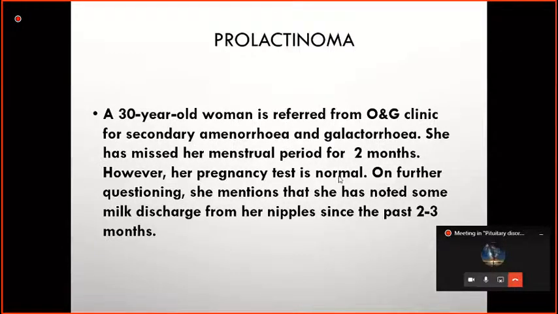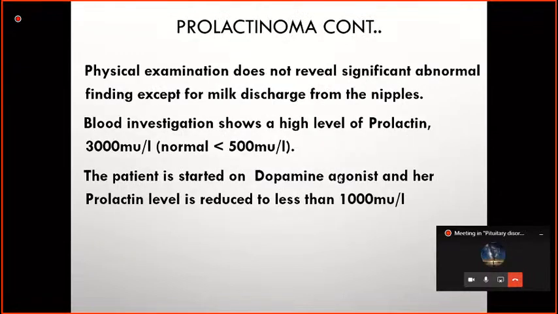In this case, the patient is confirmed not pregnant. The patient mentioned the nipple discharge, so at this point you want to check whether you suspect prolactinoma. The doctor proceeds with blood investigations, and the prolactin level is found to be high. Then the patient is started on a dopamine agonist.